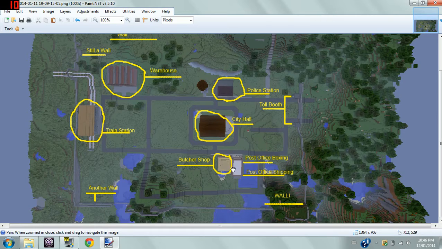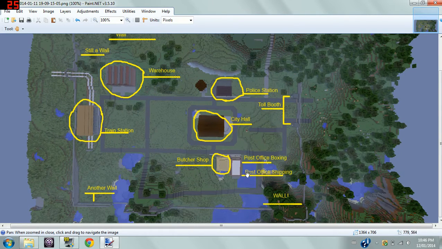Right beside that are two actual buildings. There's a little bit of a wall in there, and you could see I had it all redstoned up if you could get in there, but you can't. And so the post office boxing: you put your things in there, and it gets packaged up. That is kind of like a Golgi apparatus.